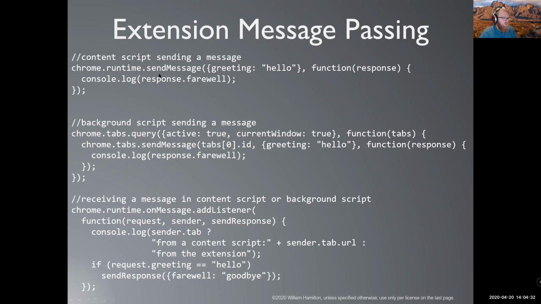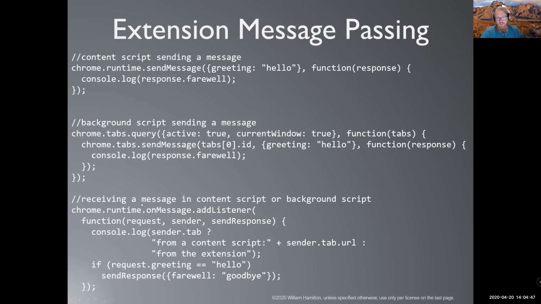As I mentioned before, content scripts can't access the Chrome API directly, but what they can do is send and receive messages from the background script, which is then executing code that calls these APIs.